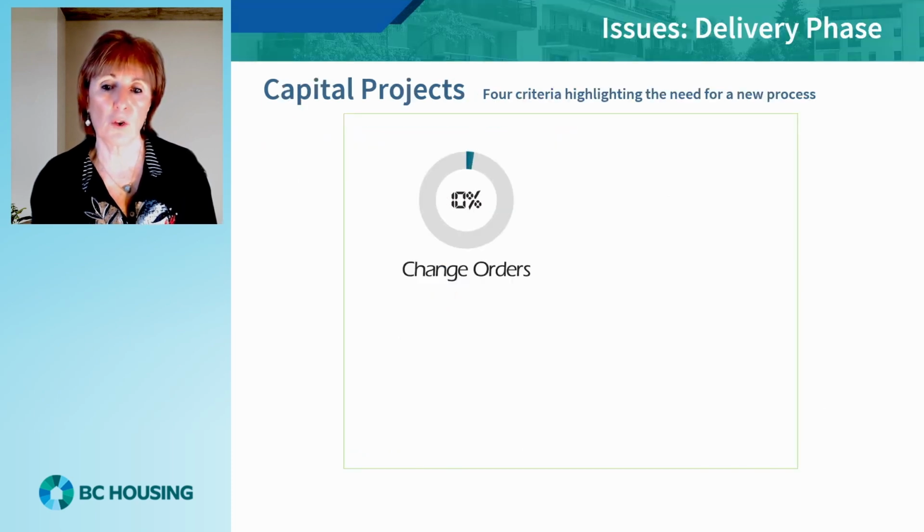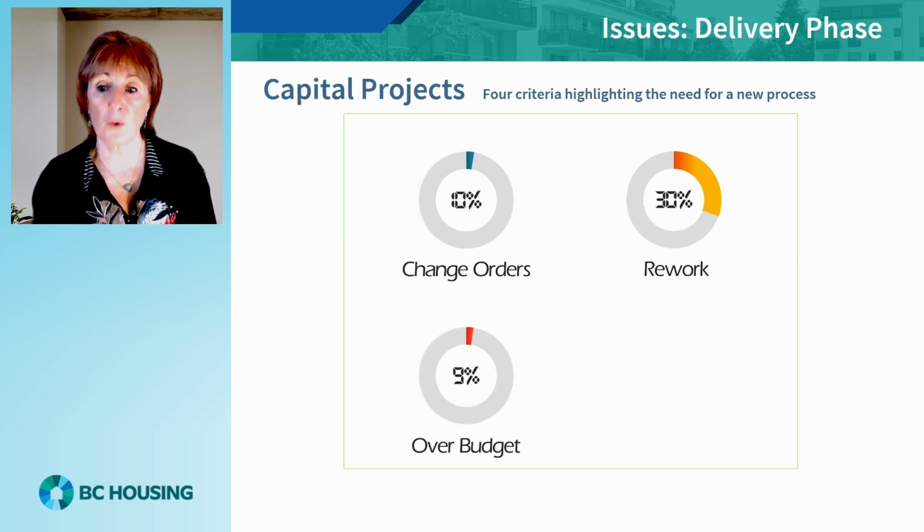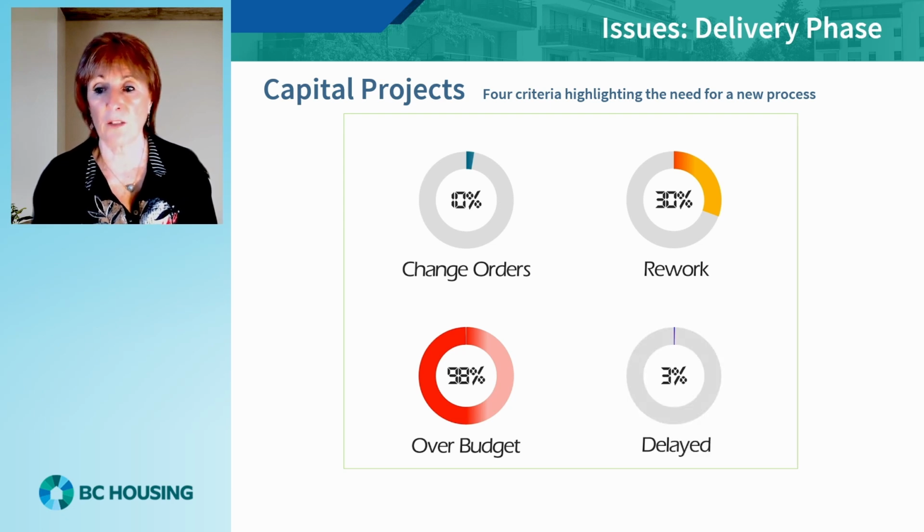The following 4 graphics show general statistics reflecting how the current paper-based design and construction process performs. Change orders on average add 10% or more to a project's budget. With regard to rework, it's estimated that approximately 30% of work undertaken on site is in fact redoing what has already been done incorrectly, with 25% of materials delivered to site ending up as waste.